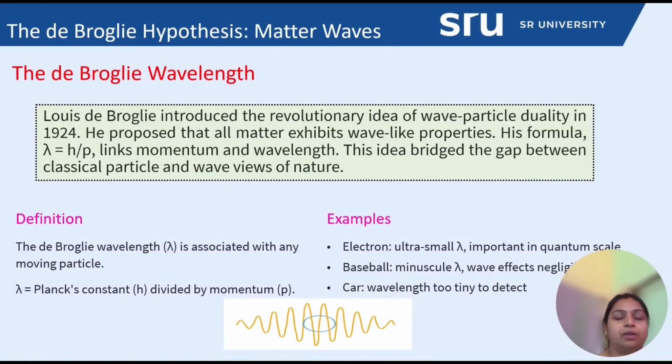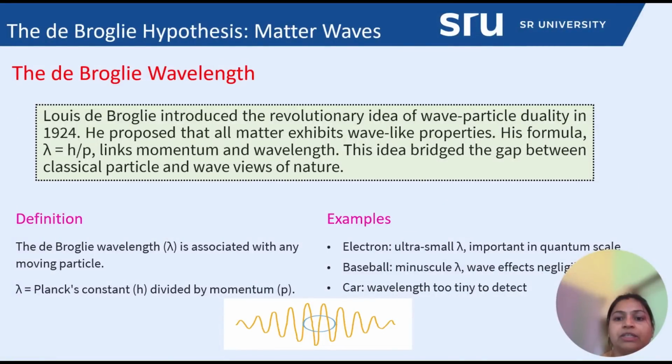In 1924 Louis de Broglie introduced the revolutionary idea of wave particle duality, and he proposed that any moving particle has a wavelength associated with it, known as the de Broglie wavelength.